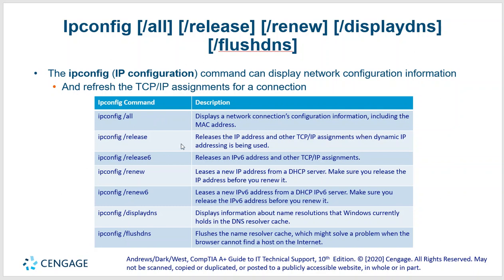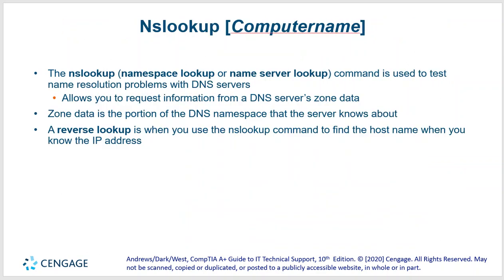If you want to release your IP addressing information, you can use /release or /renew to renew it, or /flushdns to flush your DNS cache. There's a few things there that you can try out. I don't want to make this video too long. People fall asleep.